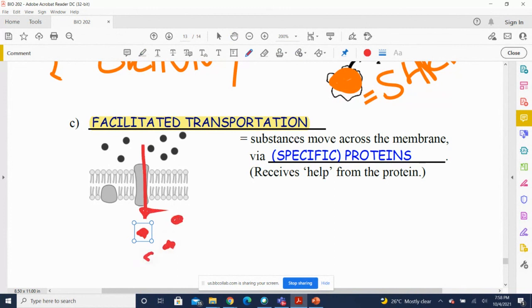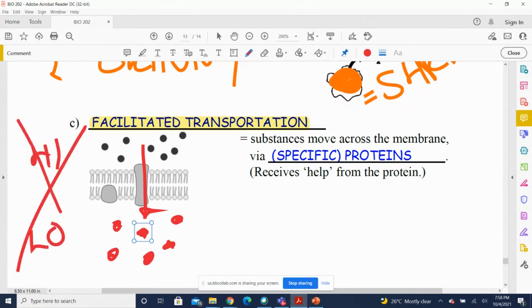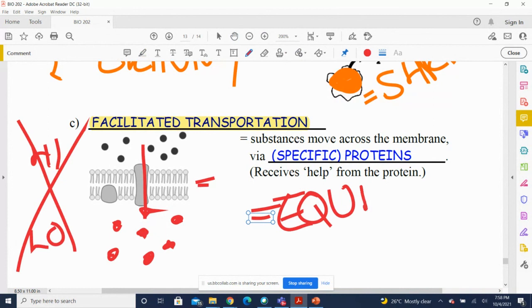These proteins help us to move until we no longer have a difference between high and low concentrations. The concentration is the same on both sides of the membrane. So these proteins are almost like little tunnels that help us to move material across. And again, the goal is to end up with equilibrium, the balanced concentration on both sides.